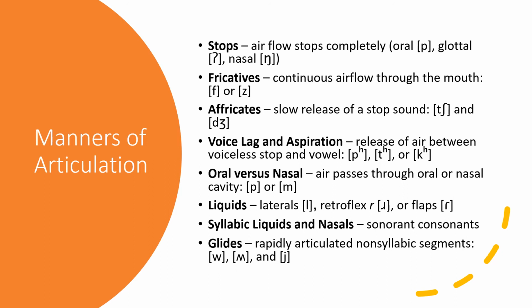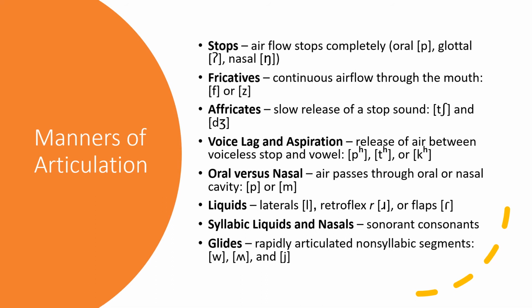The retroflex R is the American R sound. It's important to note that there are lots of different ways that people say R's, even in America. The reason we use an upside down R is because we typically use the regular R symbol to represent the rolling R in languages like Spanish. And flaps, which we'll talk about more.